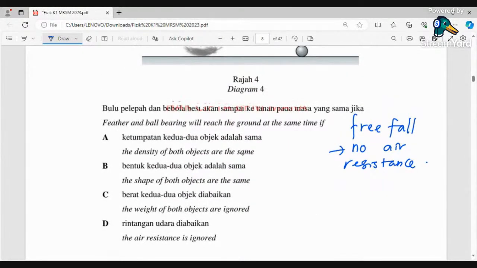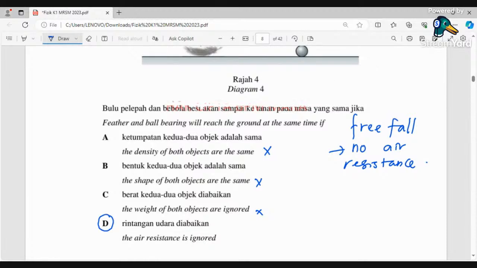Okay, let's look at the best answer from here. Density, same, no. Shape, same, no. Weight of object, ignored. Okay, the air resistance is ignored. Yes.